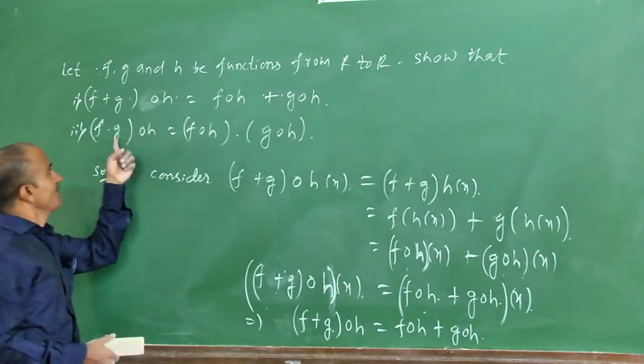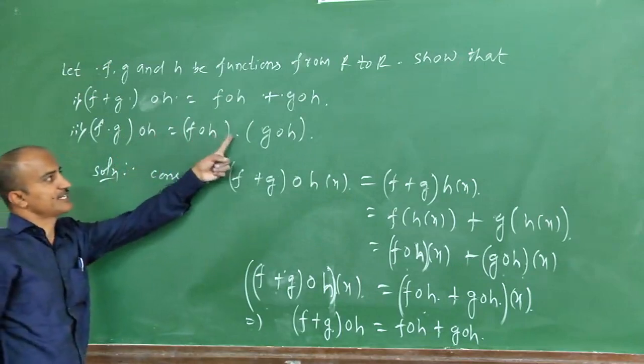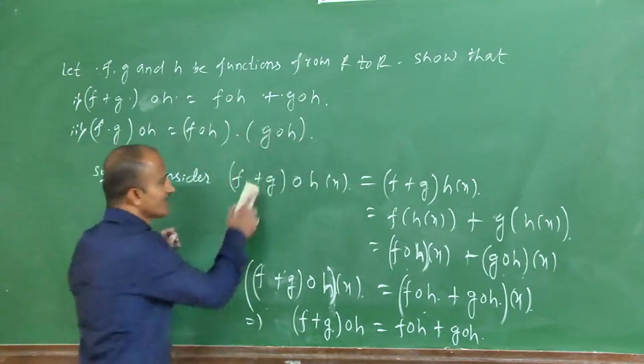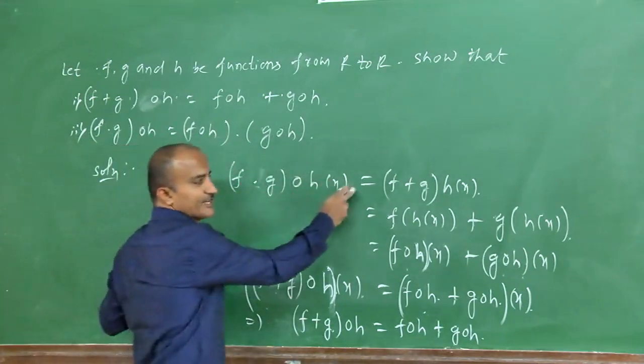We need to show (f into g) composition h is f composition h into g composition h. For that we consider (f into g) composition h of x.